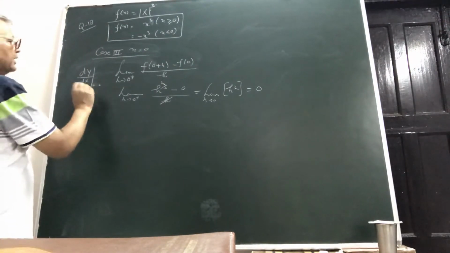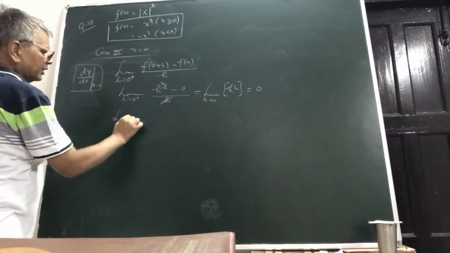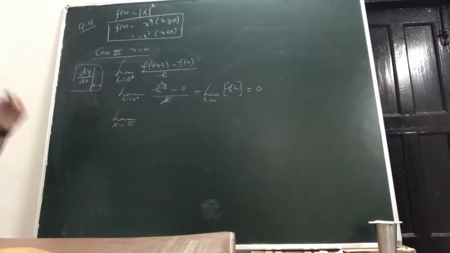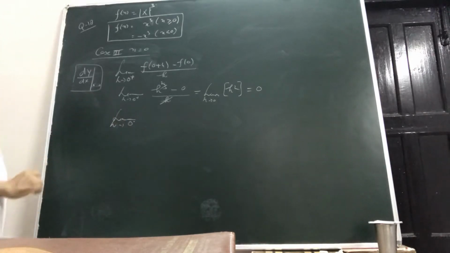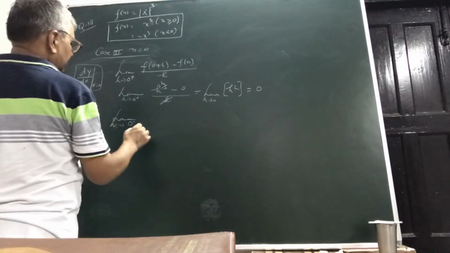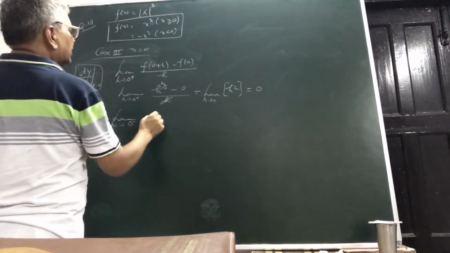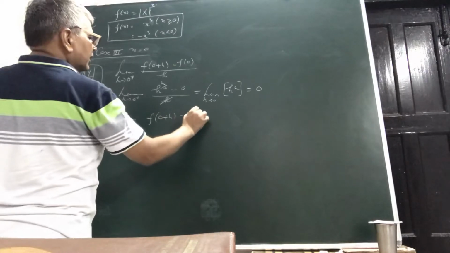Now for finding dy by dx at x equal to 0, let us see what it gives me on the left side, when x is tending to 0 minus. So here f(0 plus h) minus f(0) upon h.